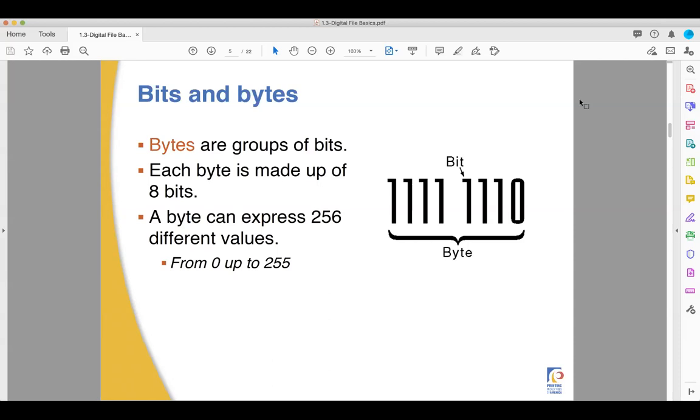So 8 bits has 256 possible values that can be expressed using 8 switches. And one of those is all off, all zeros, and that number is 0. And all ones, 1, 1, 1, 1, 1, 1, 1, 1, makes up 255. So including all on and all off, you have 256 possible numbers stored in a single byte of information.